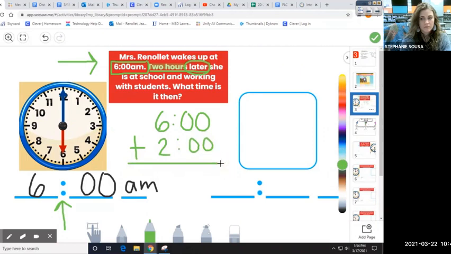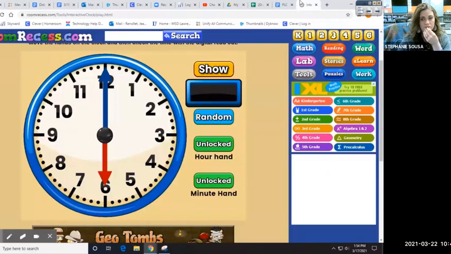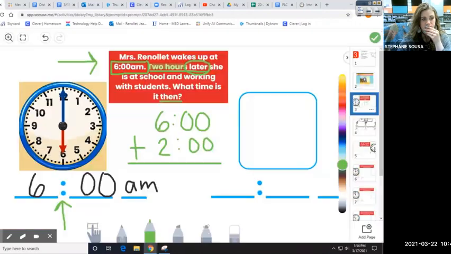You can line it up just like this with your ones, tens, and hundreds to determine what time it is now. Today, you're going to prove your work by showing the clock. You will match your clock to the start time. This clock says 6 o'clock. Then I'm going to show what happens when 2 hours later has passed.